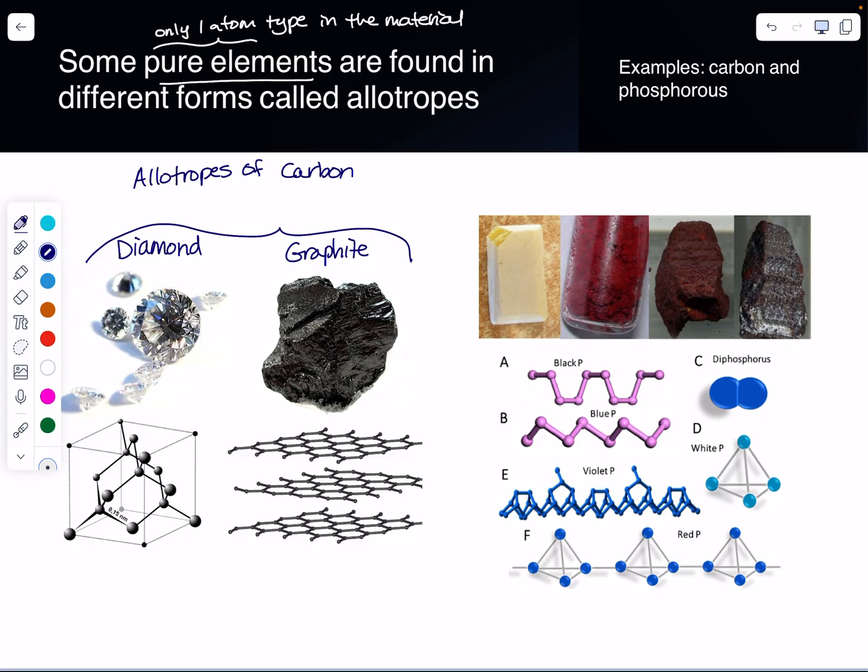At the atomic level, every one of these circles is an atom of carbon. Both of these materials are made of carbon atoms and nothing but carbon atoms. It's just that they're arranged differently.